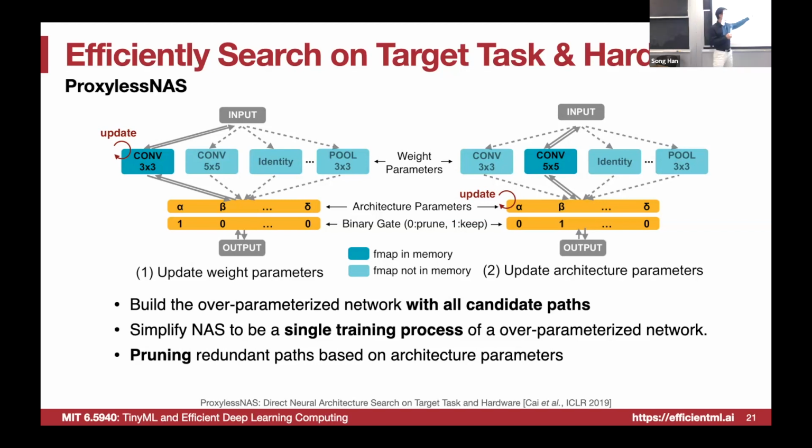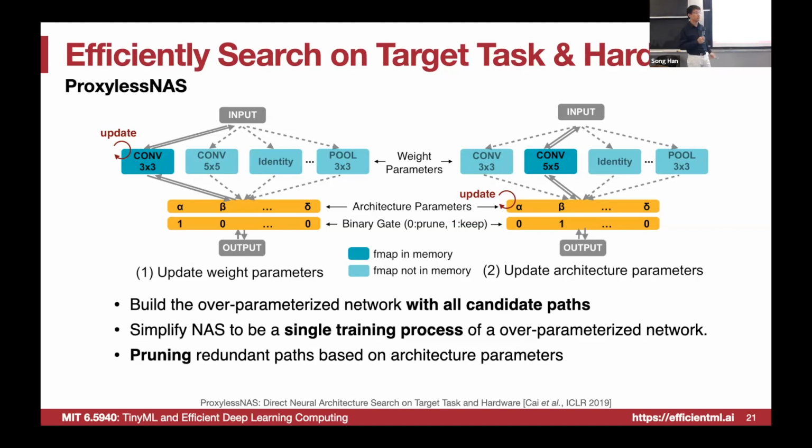That is the architectural parameter. So actually, we can quantify the architecture by the probability of choosing different paths. And this is the binarized version of the architectural parameter. Only one of them should be 1. So we can iteratively update the weight parameters and the architectural parameters.